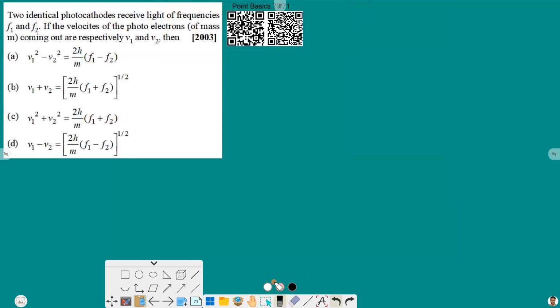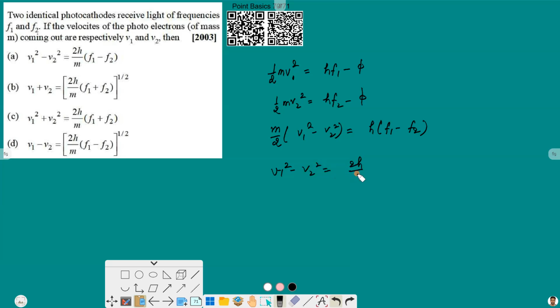So half mv1 square is equal to hf1 minus phi and half mv2 square is equal to hf2 minus phi. Now if we subtract both of the equations, we can write m by 2 into v1 minus v2 square is equal to h into f1 minus f2, and from this v1 minus v2 square will be equal to 2h by m into f1 minus f2, that is option A for us.